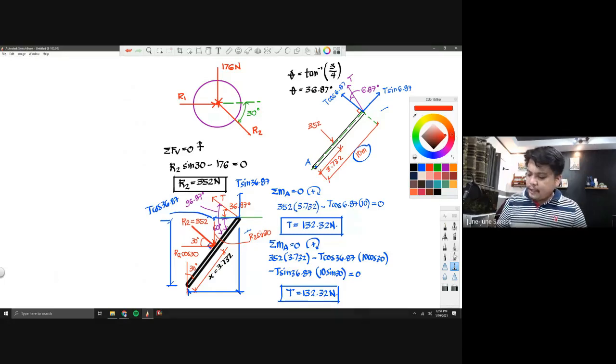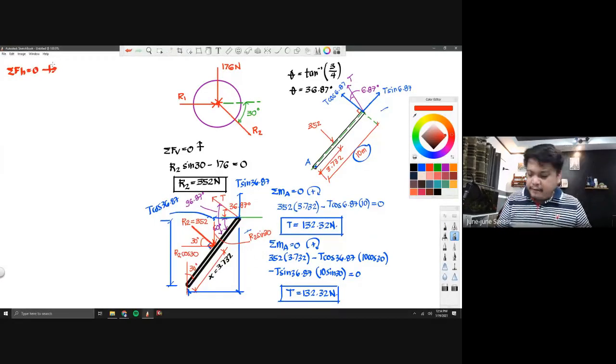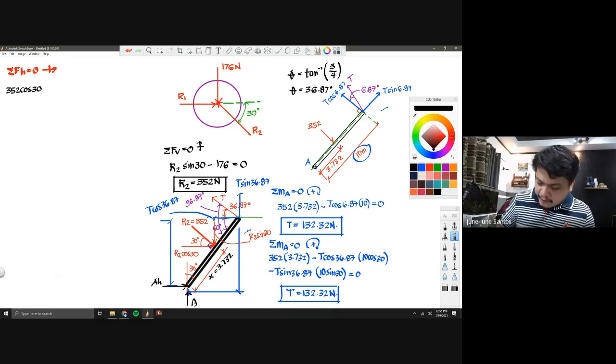Okay? So, pwede na tayong mag-summation forces horizontal equal to 0. So, we will have it positive on that direction. So, we will be having here the R2, 352 cosine of 30. And then meron ako dito AH. And then you will be having here vertical AB, no?